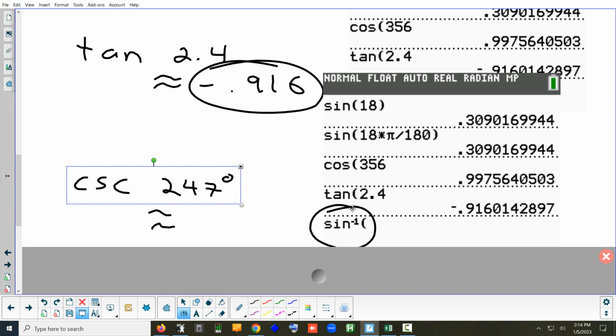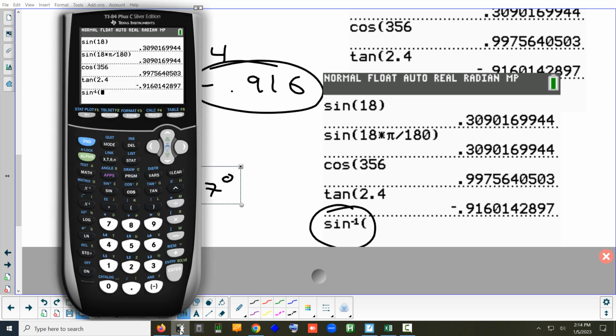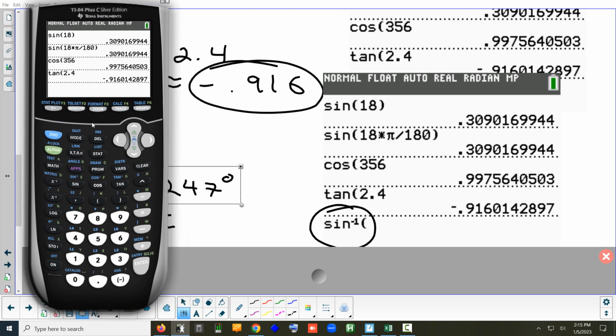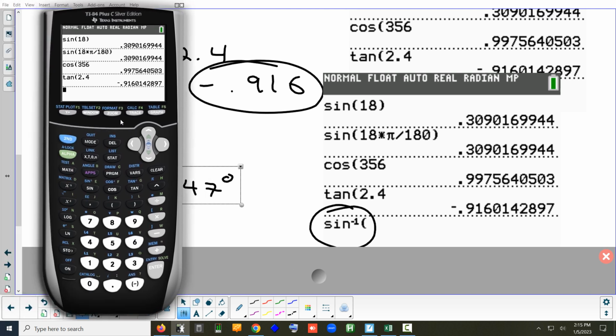But the y is which trig function? The sine. So the only way you can do the cosecant is to take the sine of that and flip it. And this is how you do that. 1 divided by it. Yep, 1 divided by that's how you flip it.